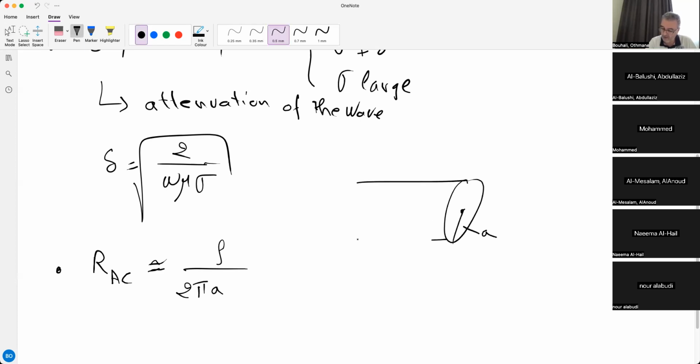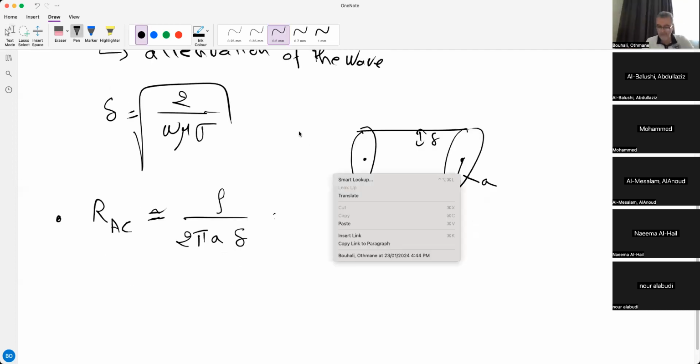For example, if I have a copper wire, and this is its cross section, because of the behavior of the propagation of the waves in the material, the wave is propagating in a thickness delta, which is the skin depth. Then the resistance becomes the intrinsic resistivity divided by 2 pi a times the skin depth. Okay, so this is a very important quantity, and I think we did an example on it the day before yesterday.